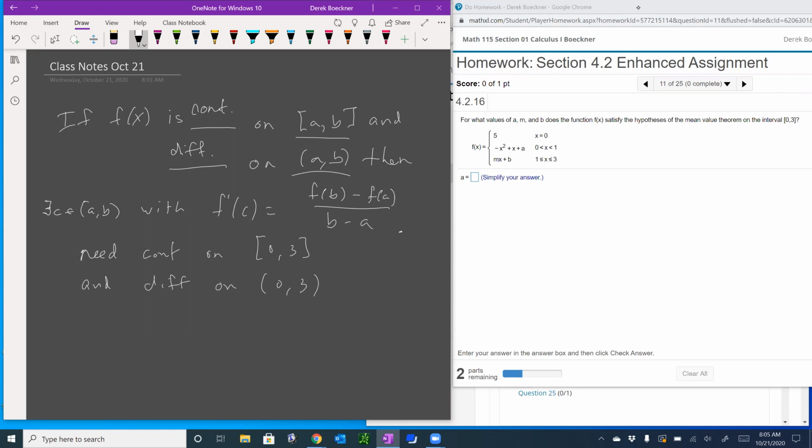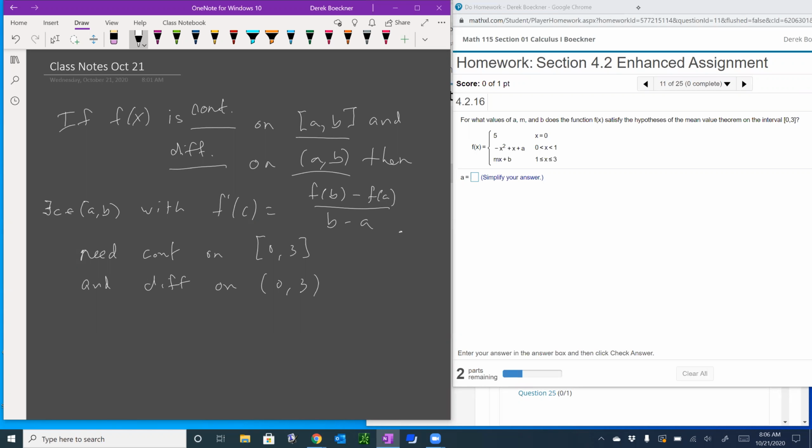Okay. So how am I going to make this thing continuous? Where's the first place that it might not be continuous?